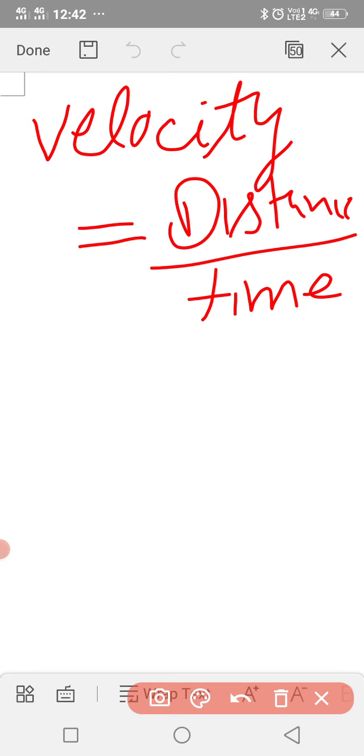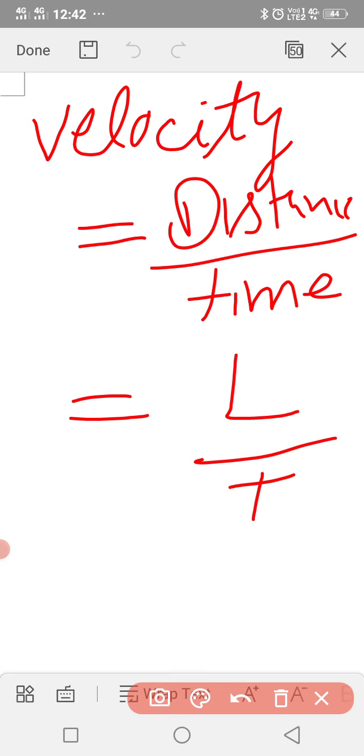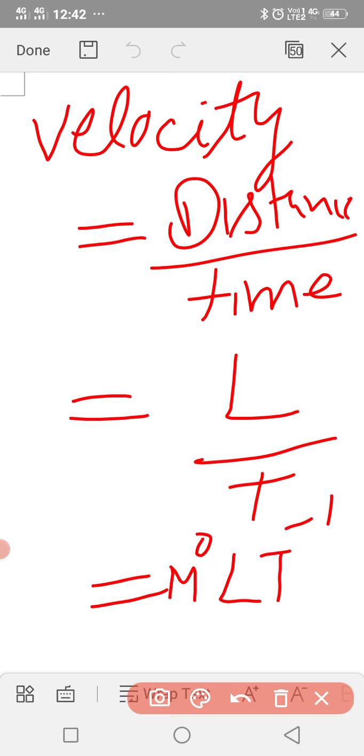Distance means length, so we write L. Time means T, and it is in the denominator. So you can see that we get L T minus 1. But there is no term related to mass here, so M I can write as naught. So this is the dimensional formula, so enclose it in a box: M naught L T minus 1.